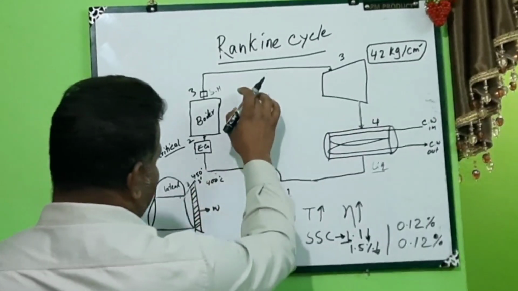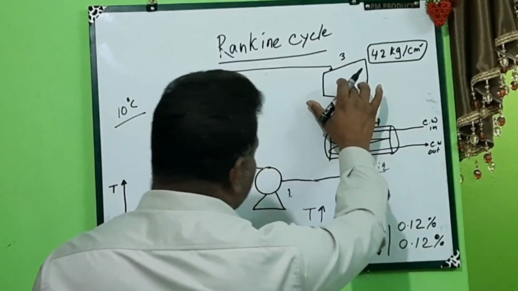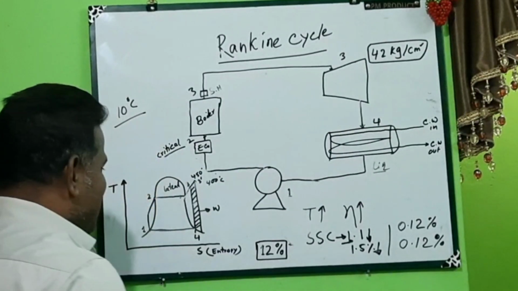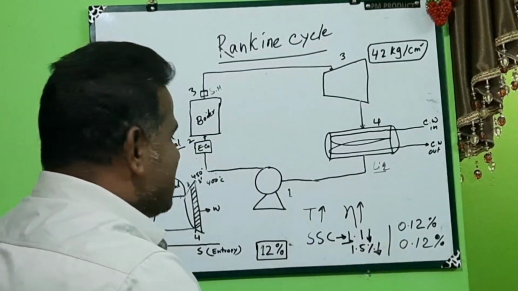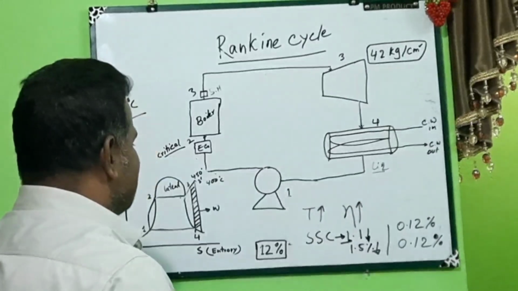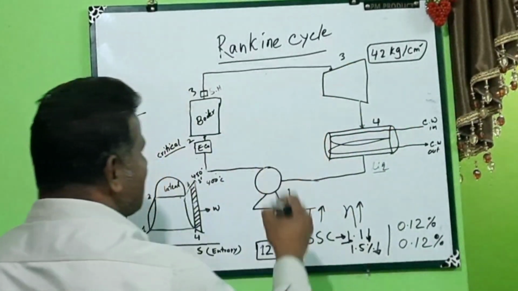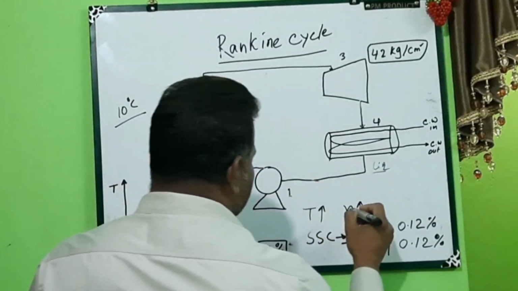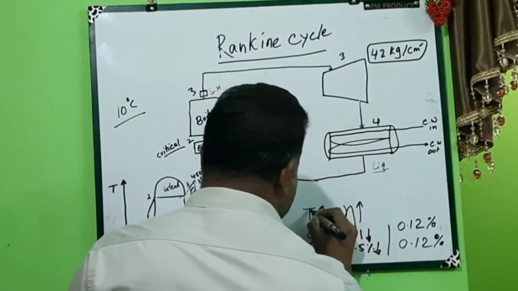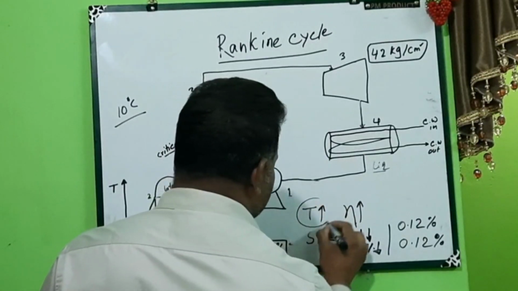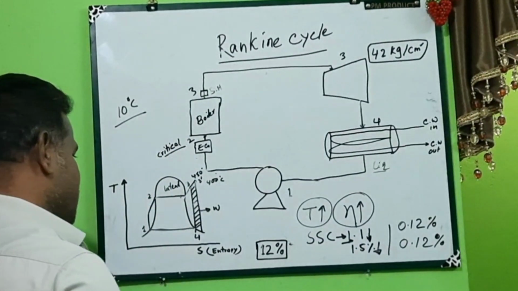So that means if temperature increases, turbine efficiency also increases, because after increasing temperature, this work increases, this net work increases. So net work increasing means turbine efficiency will be increased. So that means temperature is directly proportional to the efficiency.